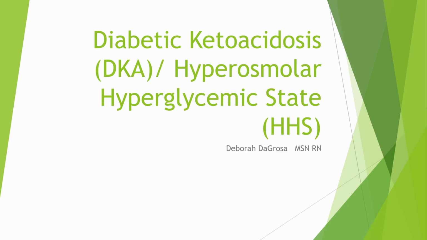And this is necessary, so we are going to correct this potassium level before we administer any insulin. So insulin administration, if we do give it, will be given by intravenous delivery. So your patient may very well be on an insulin drip.